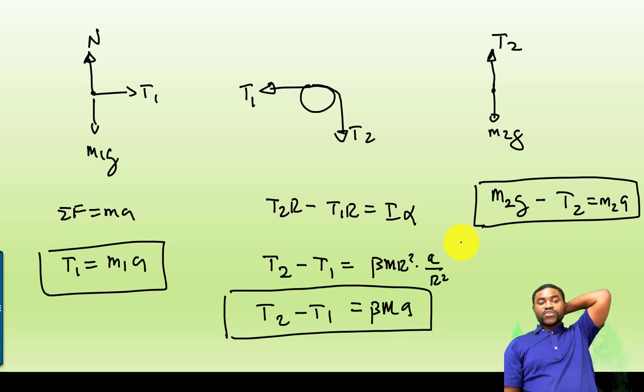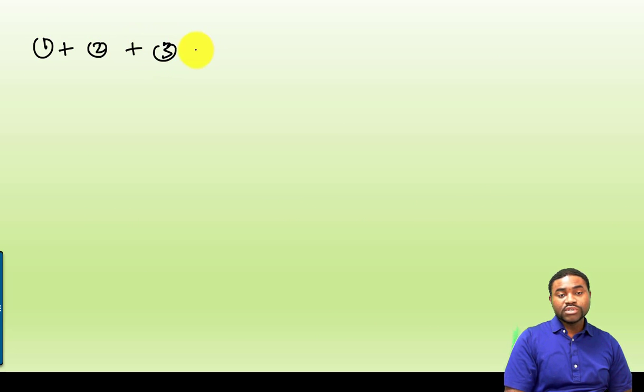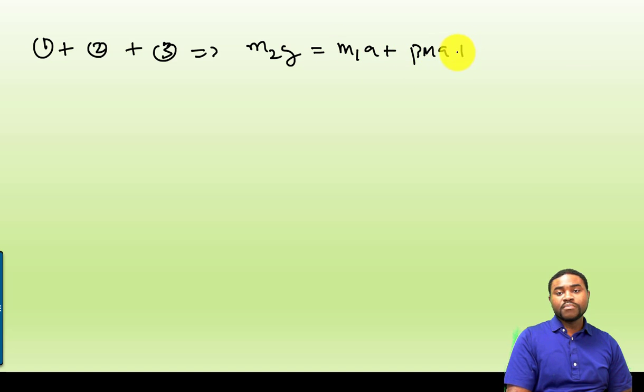Now we need to solve for T1, T2, and A. To do that, we could use simple algebra, or you could basically add all the 3 equations. If you add all the 3 equations, you end up with M2G equal to M1A plus beta MA plus M2A.